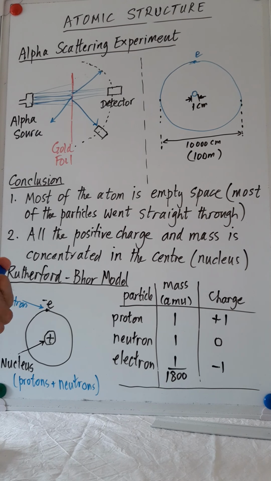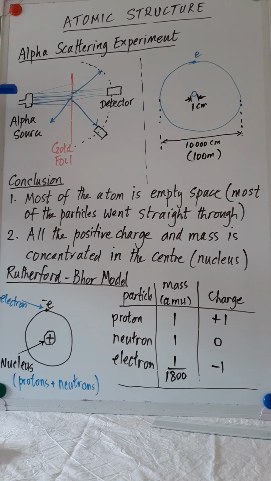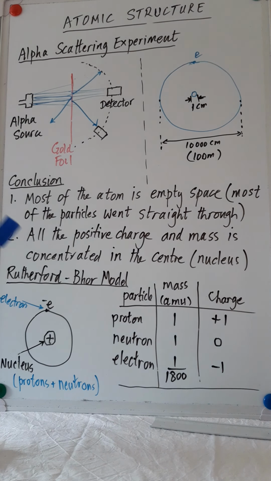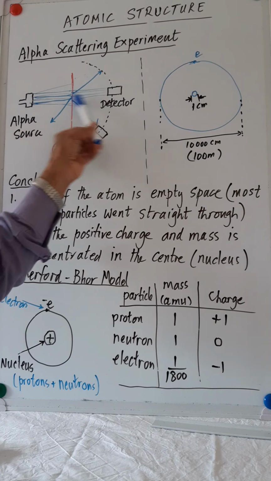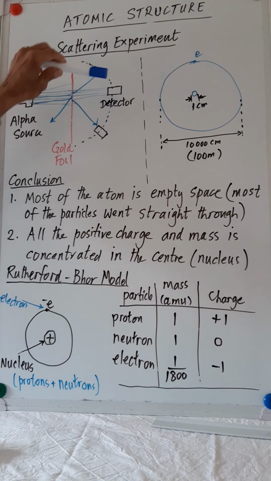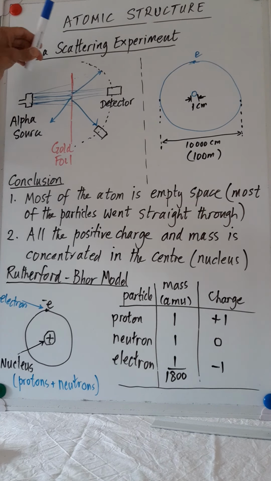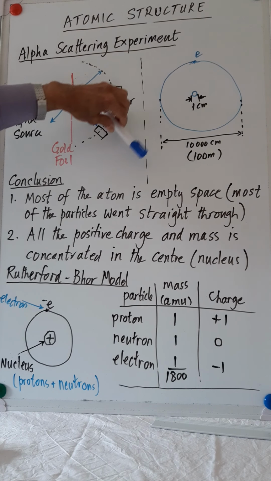It's made up of 2 protons and 2 neutrons. And they fired these alpha particles at the gold atoms, the gold nuclei. And what they found was that most of these alpha particles went straight through. And we have a detector on this side which can move around in a semicircular arc.